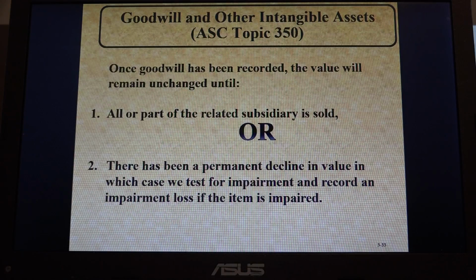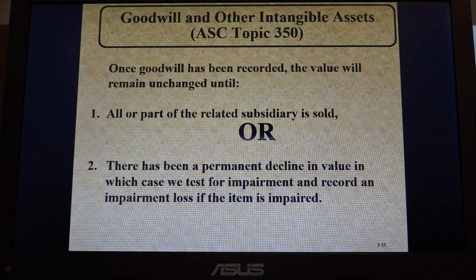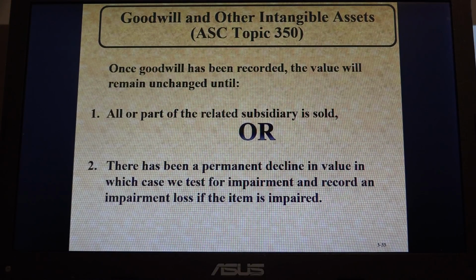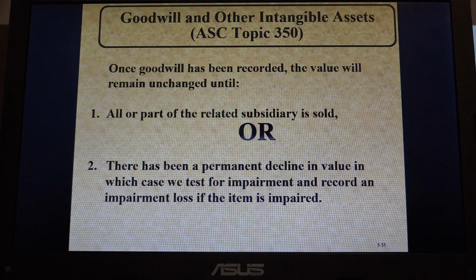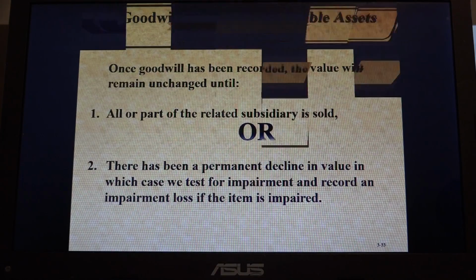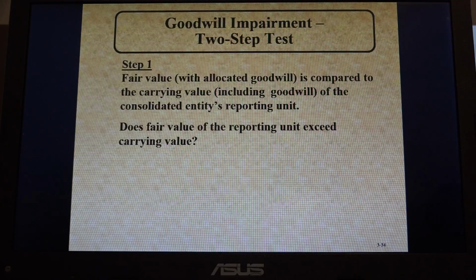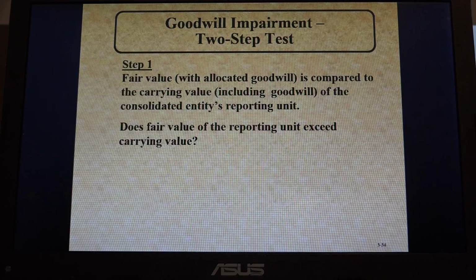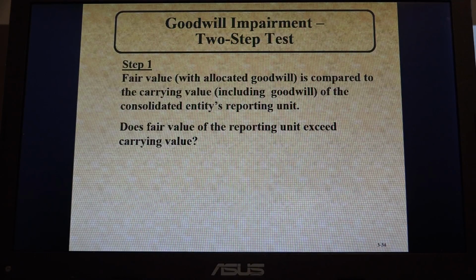And so if after you do your qualitative test for impairment of goodwill, you have determined that the unit's fair value is greater than its carrying amount, then you do nothing. Okay?